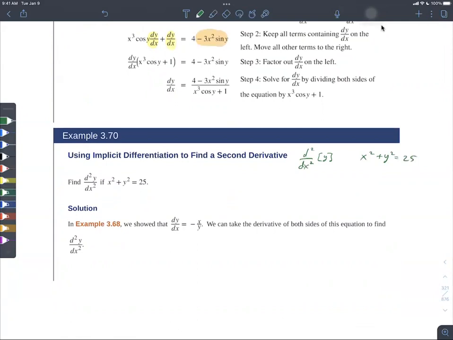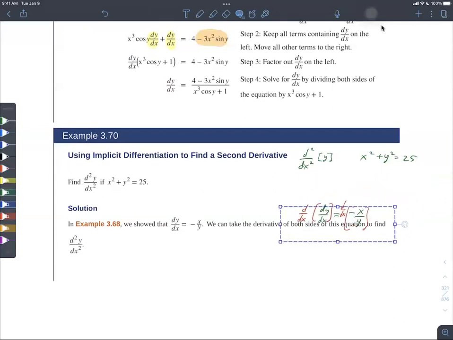In the previous example, the first example, we found that dy dx for this equation was negative x over y. So we are going to apply the derivative function again. We're going to derive this with respect to x and see what that gives us.